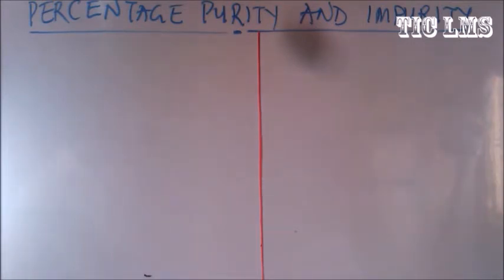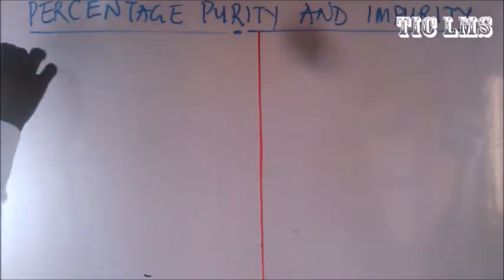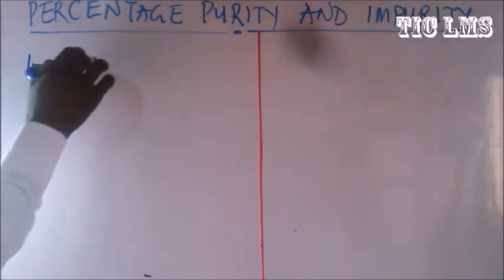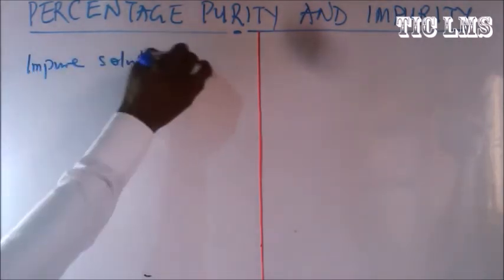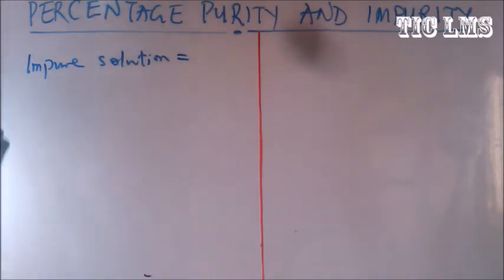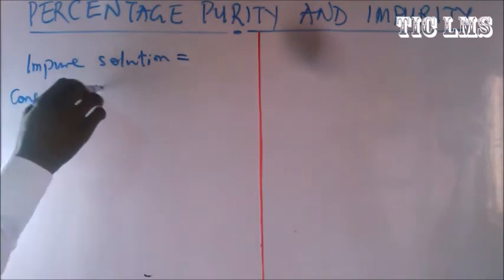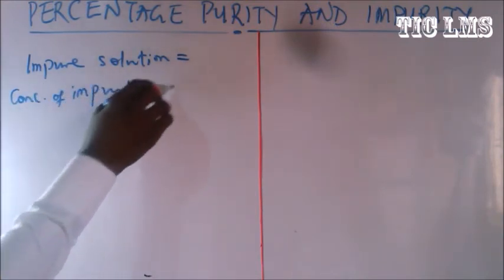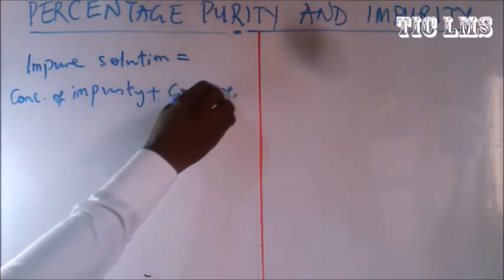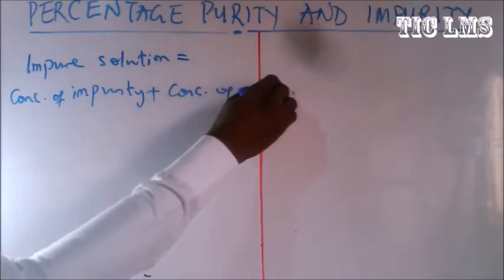Now, the impure solution is equal to the sum of the concentration of impurity plus the concentration of the pure solution.